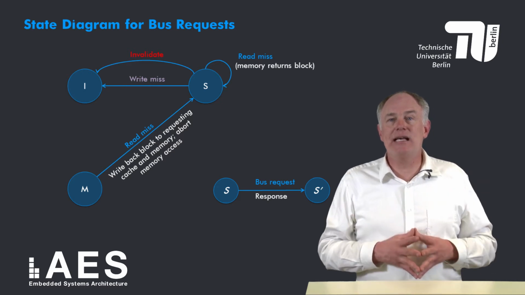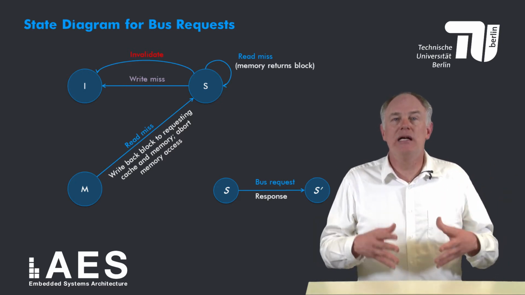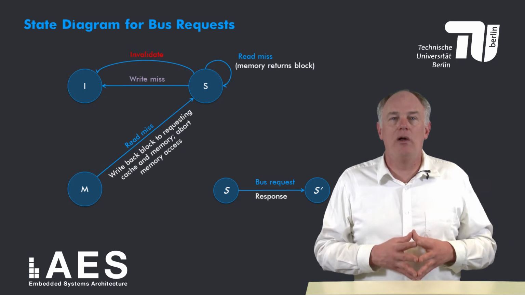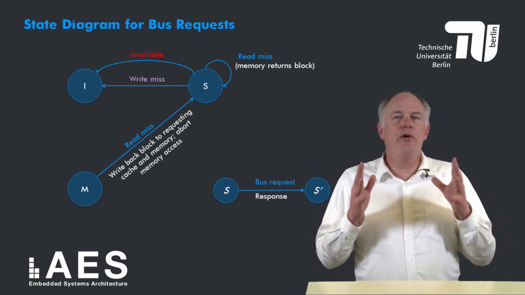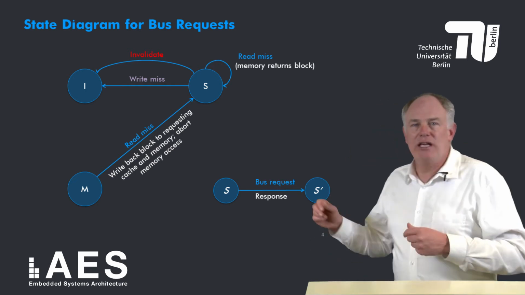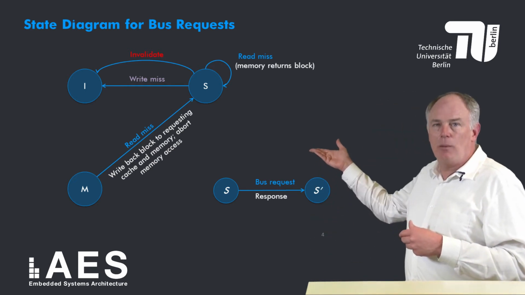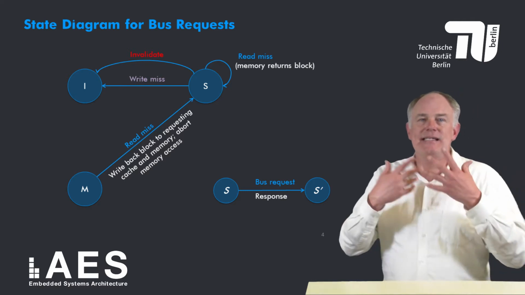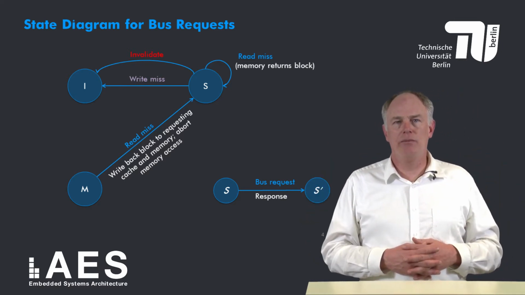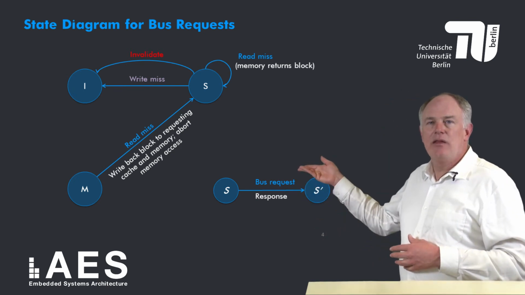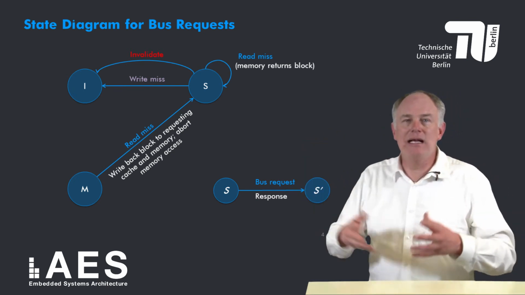And the memory access needs to be aborted since otherwise the memory controller will return its stale copy of the block. Furthermore, the new state of this cache block copy should be shared, since after this transaction there will be multiple copies of the block: in this cache, the requesting cache, as well as in memory.